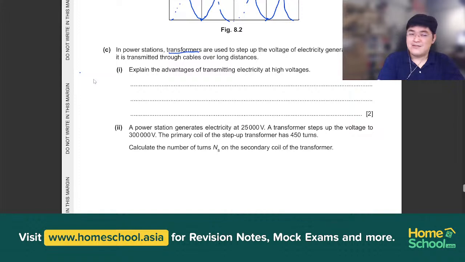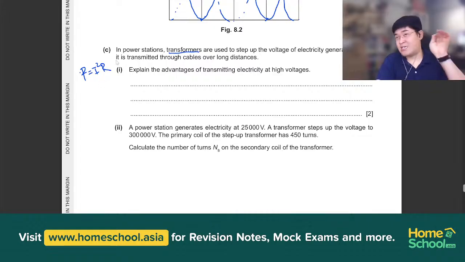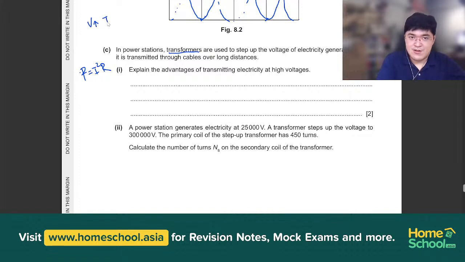Once again, let's talk about the power. P equals I squared R, R being the resistance of the wire that you're transmitting across, and I being the current of the electricity that's transferring through the wire. In a transformer, if your voltage is high, your current is low, and vice versa.